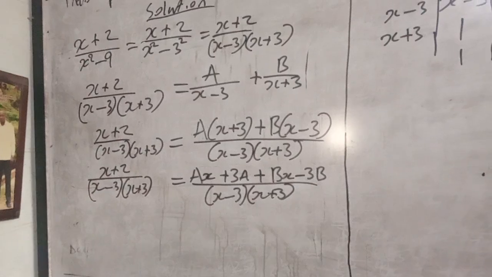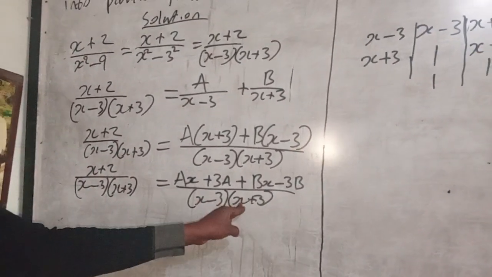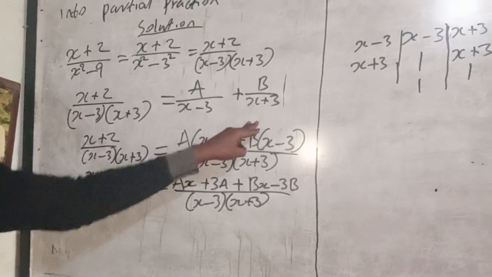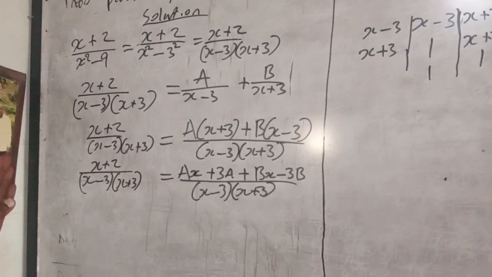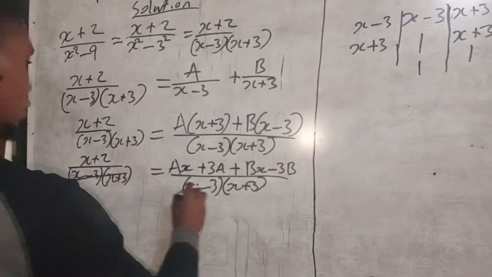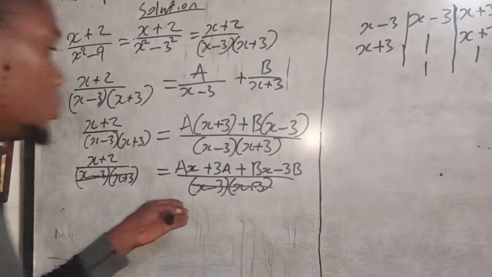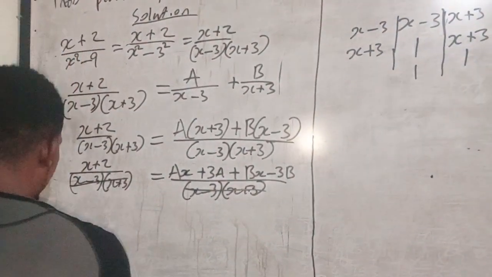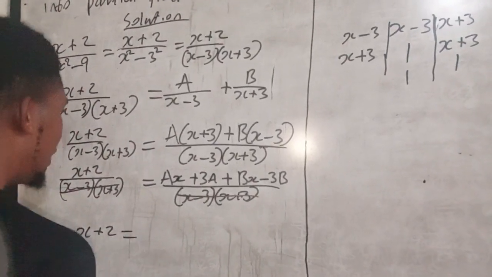Now look at what we do. This fraction is equal to the sum of the partial fractions. So to make life easy, we cancel the denominator, because they can cancel through cross multiplication. So here we have x plus 2.